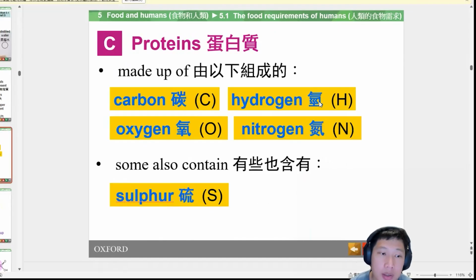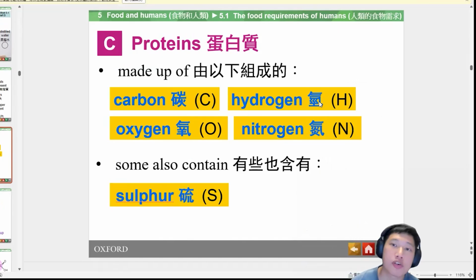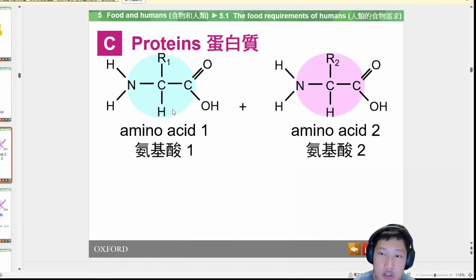Then we have the second food substance, which we call protein. Protein does contribute energy value for our bodies. So how is protein formed? Protein is built up by what we call amino acids. The amino acid is very special.